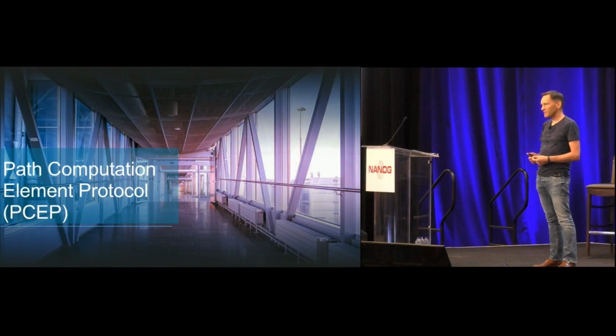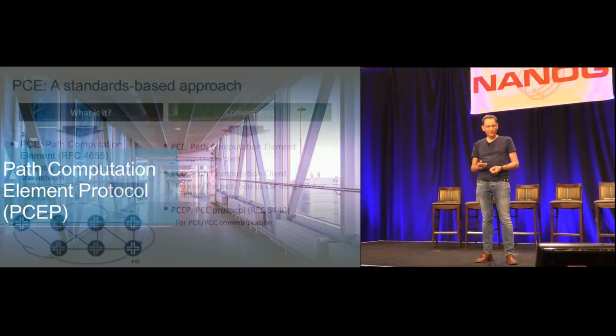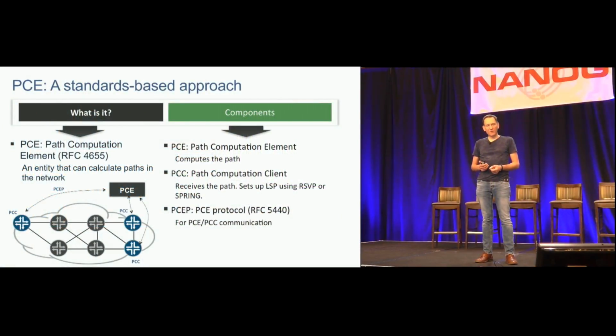Now, the other protocol which I want to talk about is Path Computation Element Protocol, or PCEP for short. What this has, on the one hand, is the path computation element, which is the central controller, and then you have PCCs, path computation clients, which are the ingress routers of the LSPs that we're going to set up. And then between the PCE and each PCC, you have a PCEP session.